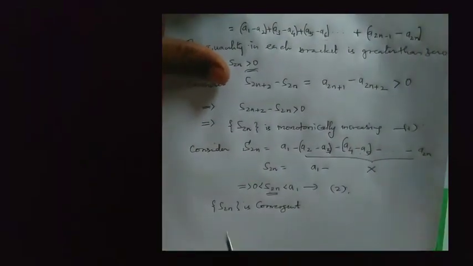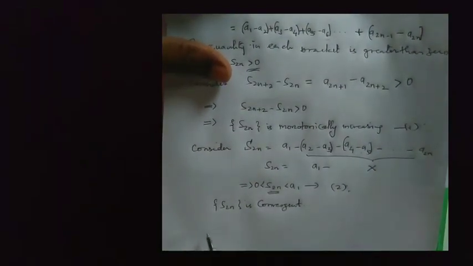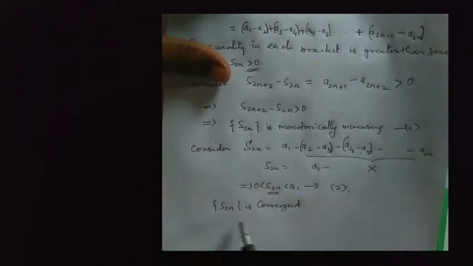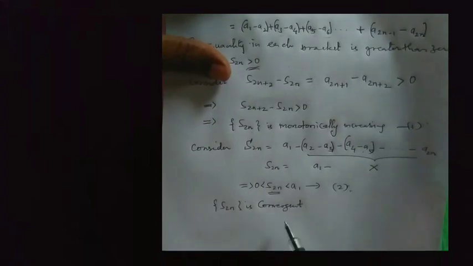Therefore the sequence of S of 2n is convergent. Similarly it holds for S of 2n plus 1, and we need to show the limit of S of 2n and S of 2n plus 1 will be the same.